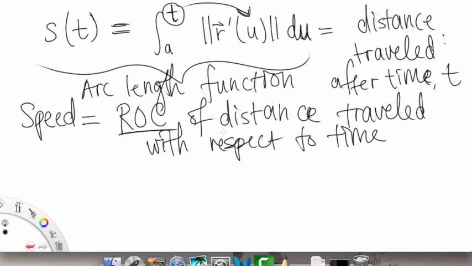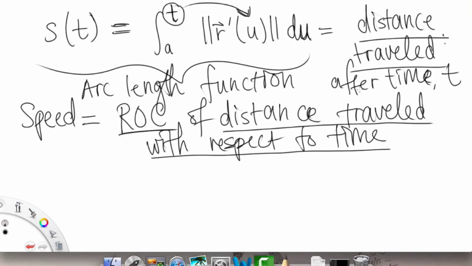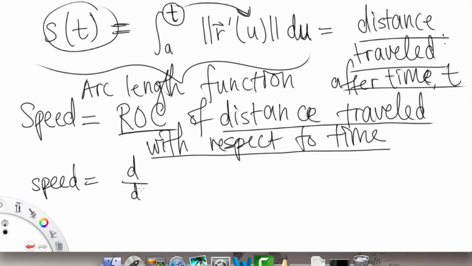And this second part here, what I'm going to underline now, looks basically like this part over here, right? Distance traveled after a certain time. So speed is going to equal the derivative with respect to time, of course, of the arc length function.